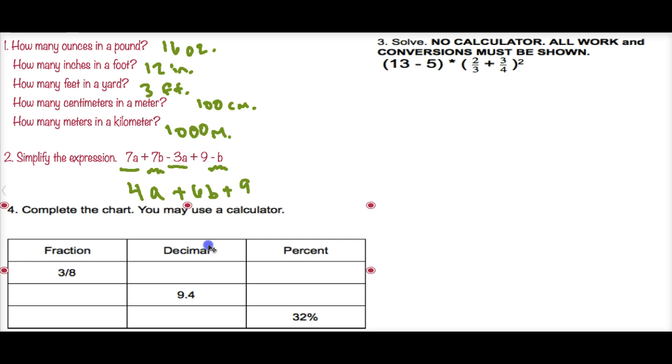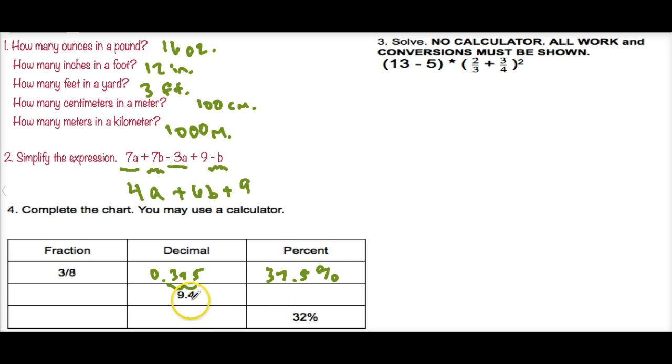Next, we have filling in your chart about converting your fractions, decimals, and percents. So 3 divided by 8 is going to be 375 thousandths. Converting that to a percent, moving our decimal 2 places to the right, like that.